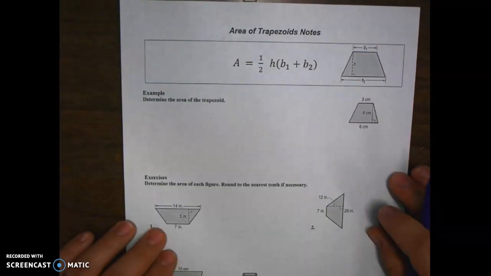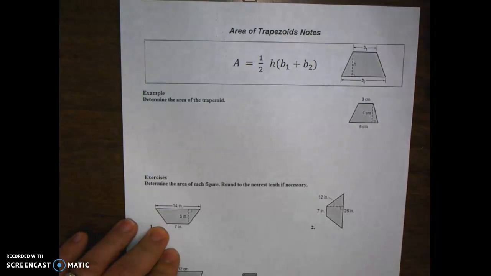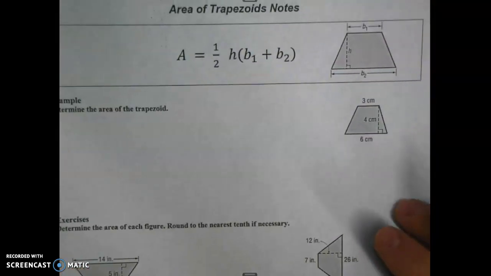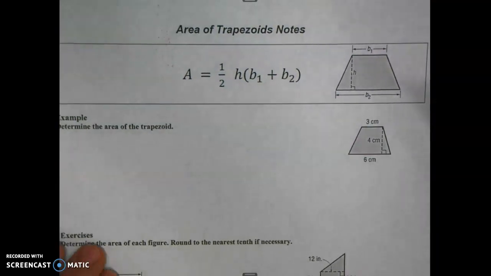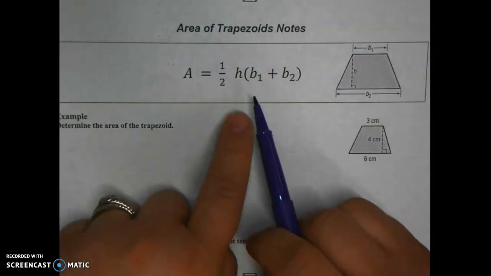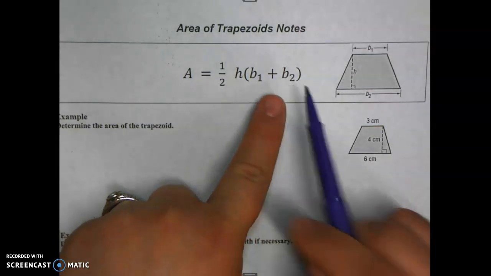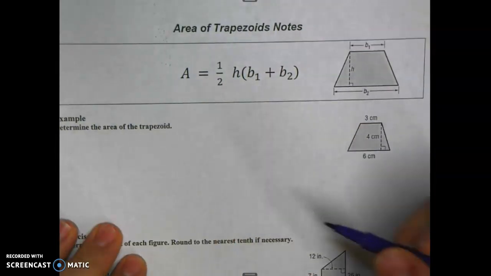So on your area of trapezoids notes, we're going to look right here. We have a trapezoid, and on it we have 2 bases. So notice in the formula we have 1/2 h b1 plus b2. So let's identify each of these.